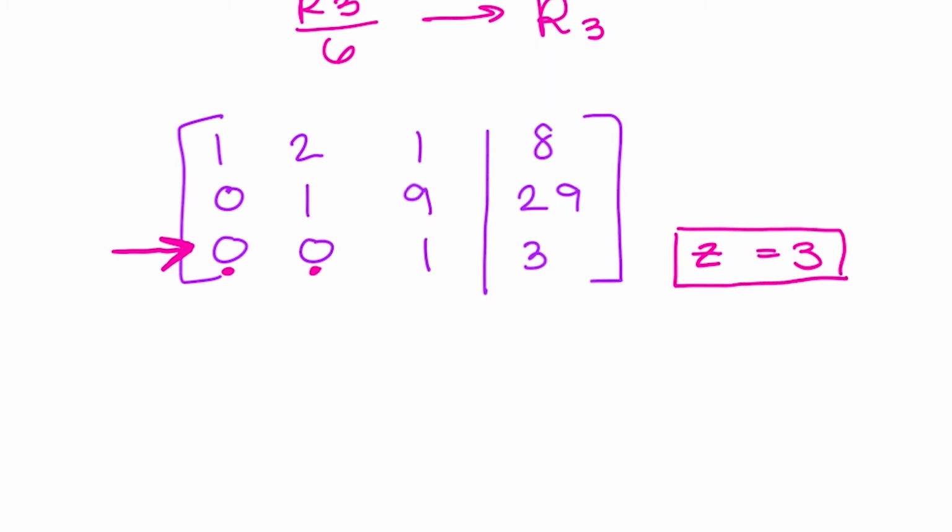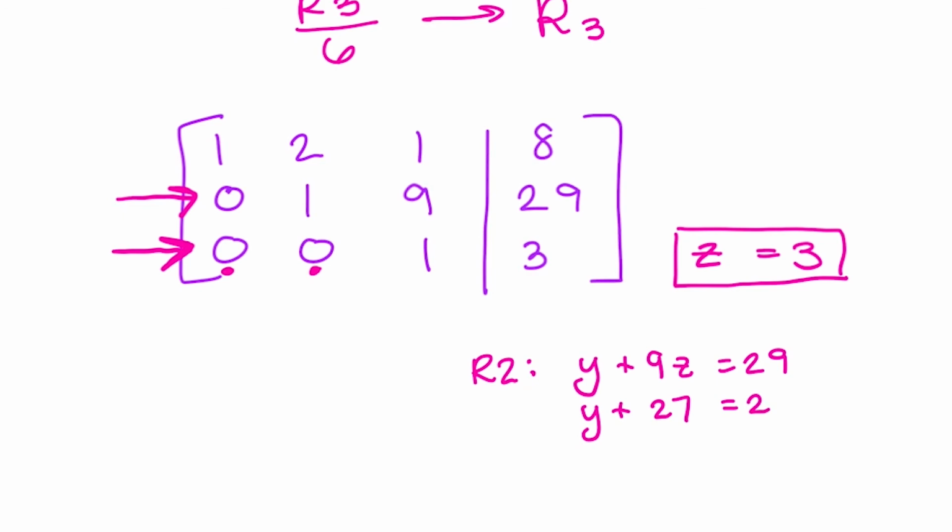So we know z is 3. Now we can use that to help us on row 2. Row 2 is saying 0x plus 1y plus 9z equals 29. So let's plug in that z is 3. That's y plus 27 equals 29. So we subtract 27 and we get that y is 2.